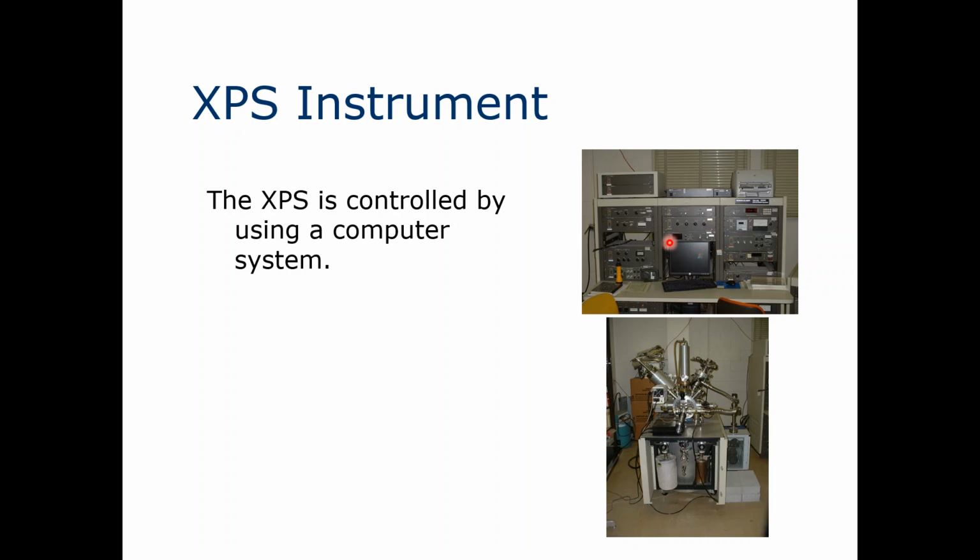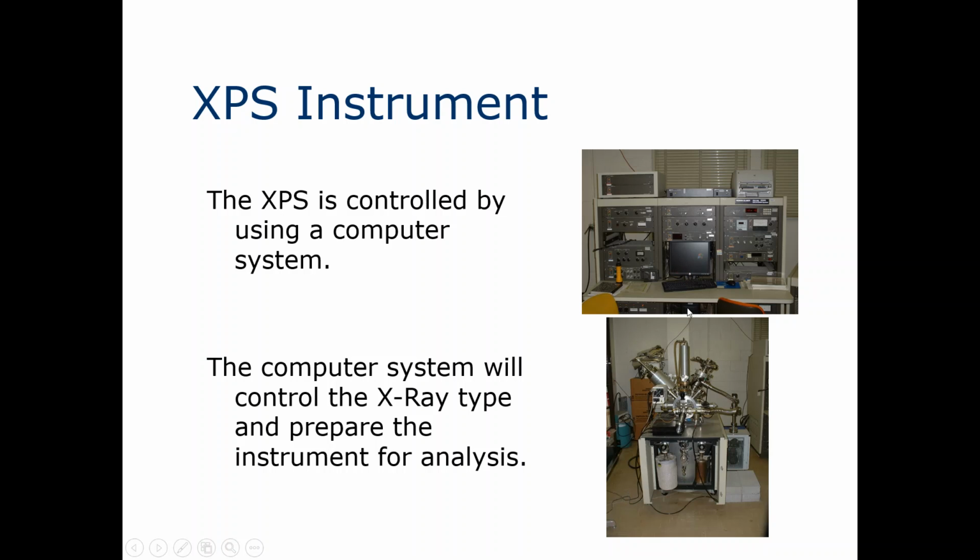With its help we can control the instrument, and we can get the results from the apparatus. During the analysis, this computer system not only controls the XPS system, but we also get the plots and results on this computer screen.